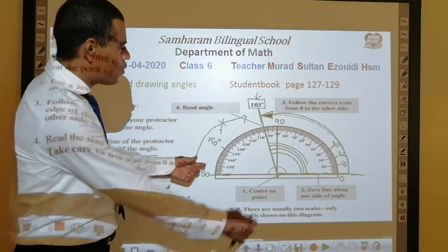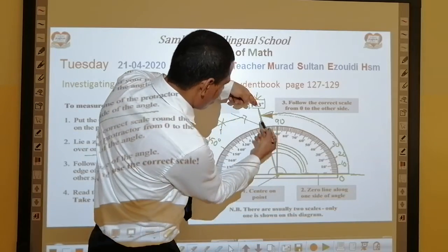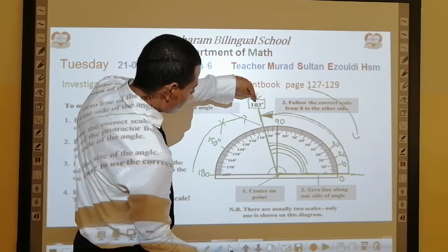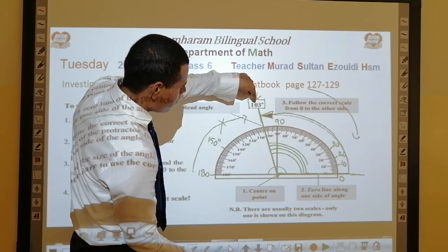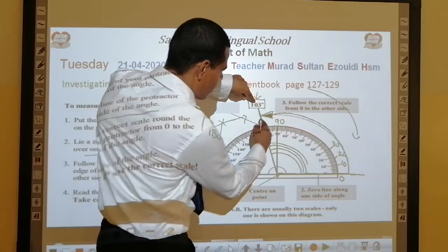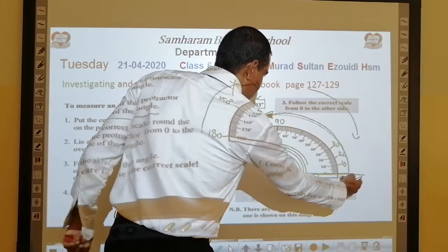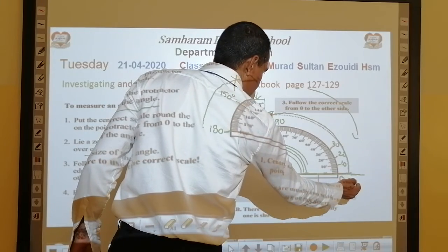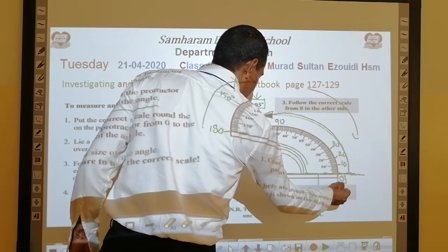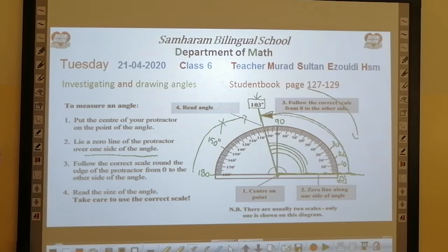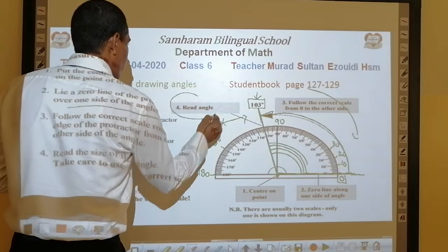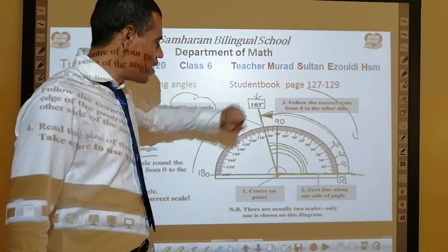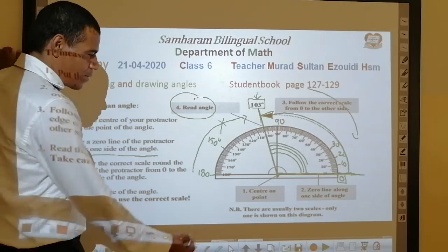If your protractor is rotated, let's say 77 degrees, you could read from that, but here we read from the scale where you see the 0. You start from this one, then read the angle. So the angle here is 103 degrees.